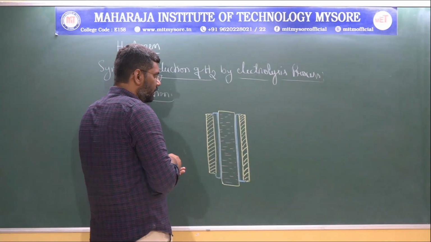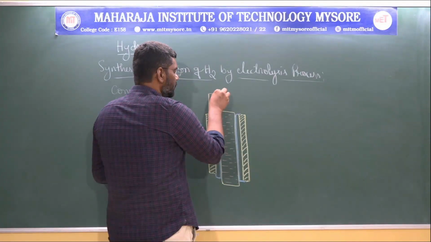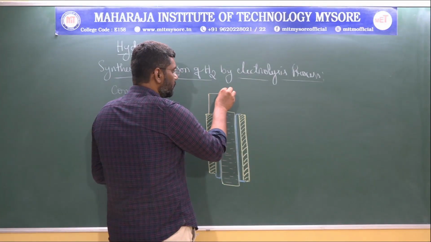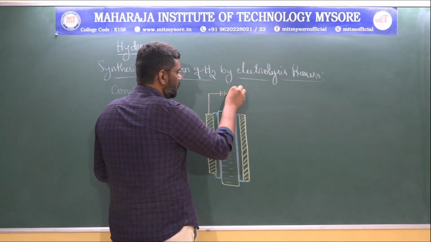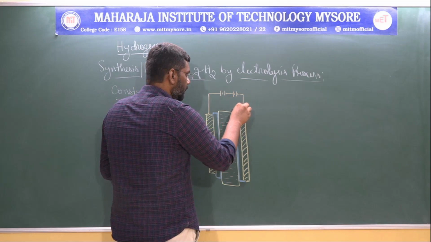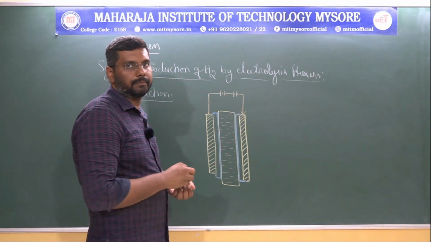This anode and cathode are both connected through an outer circuit, which is connected to a DC source which directly allows the electricity to pass through the cathodic area.